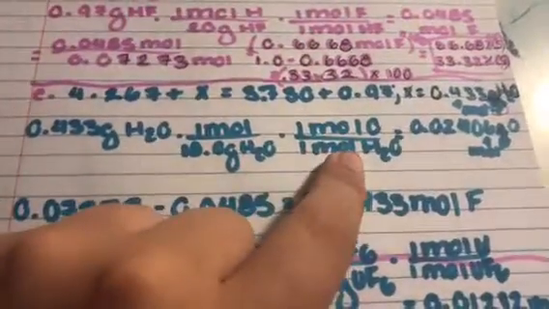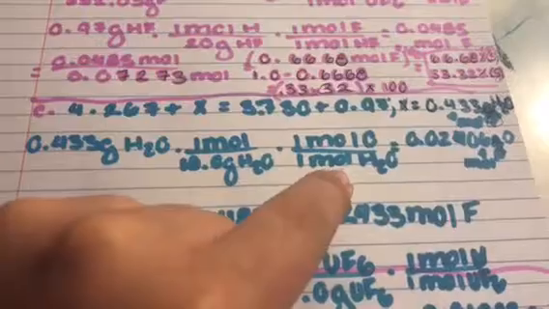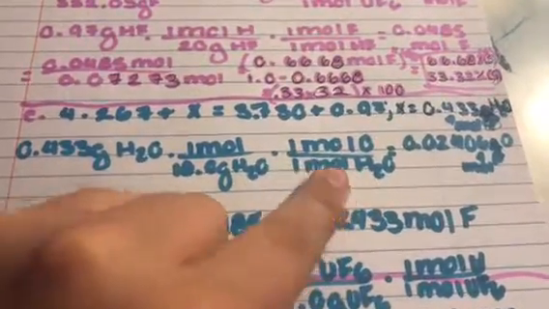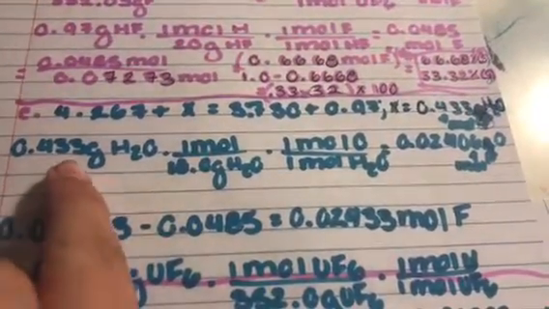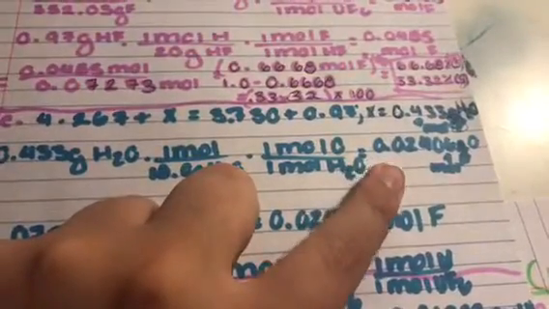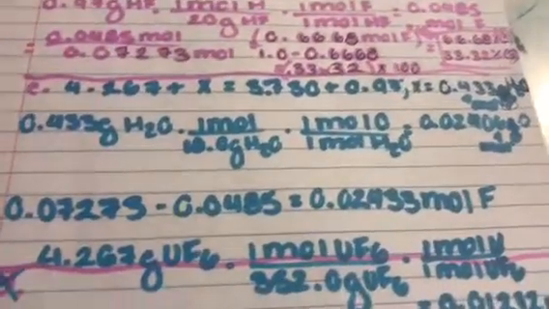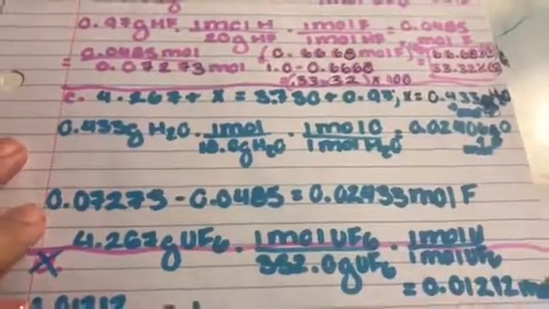And then we have another molar ratio. 1 mole of oxygen was equal to 1 mole of H2O, so that's perfect. 0.433 divided by 18 was equal to 0.02406 moles of oxygen, and I have them all written out later.